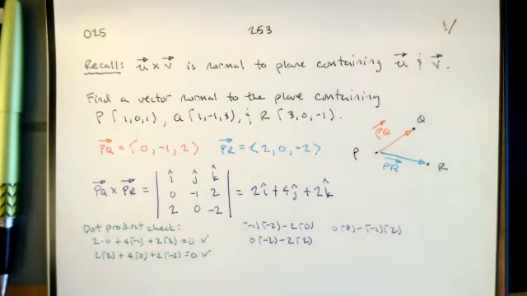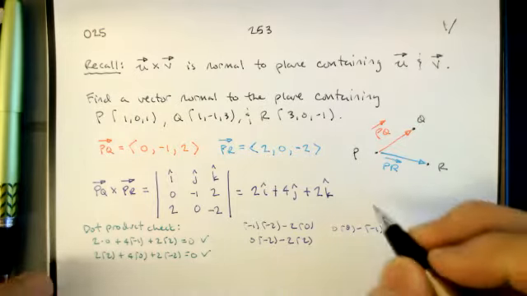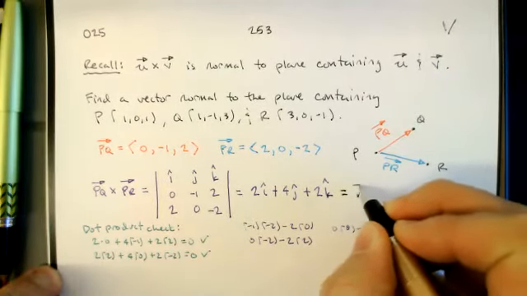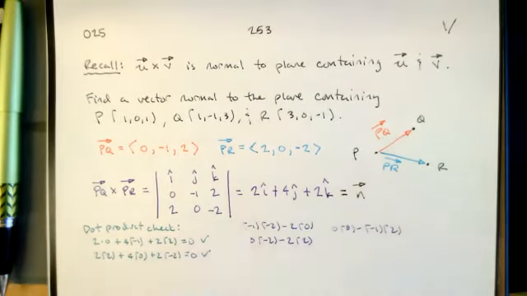Sometimes we call these normal vectors N, for normal, because writing PQ cross PR all the time would be cumbersome. Any questions? Is everybody okay?